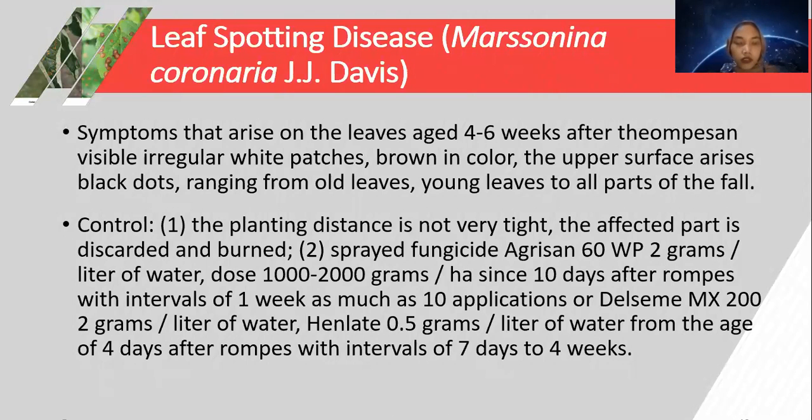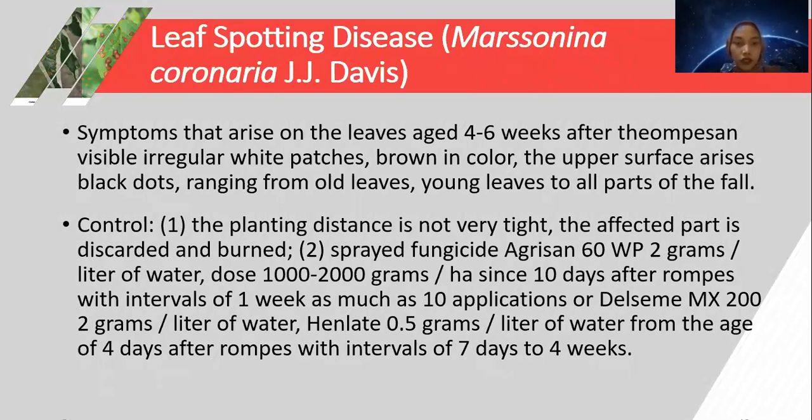How to control it? The first is that the planting distance is not very tight. The affected part is discarded and burned. Second is to spray fungicide Agrisan 60 WP, 2 grams per liter of water.